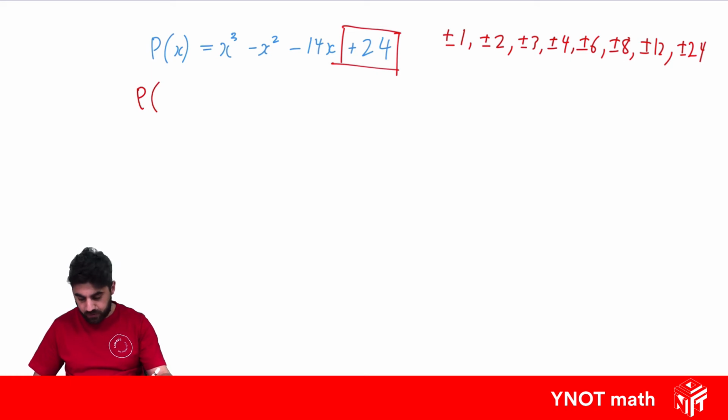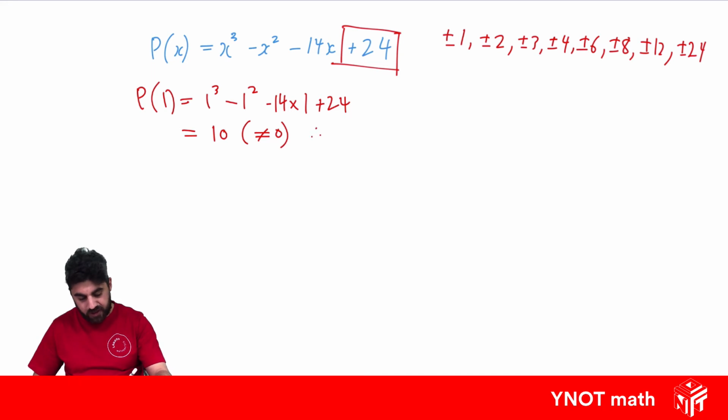So the first one we'll try out is 1. So P of 1 will be 1 cubed minus 1 squared minus 14 times 1 plus 24. Evaluating this one gives us 10, which is not equal to 0, which actually means therefore x minus 1 is not a factor. So let's try P of negative 1.